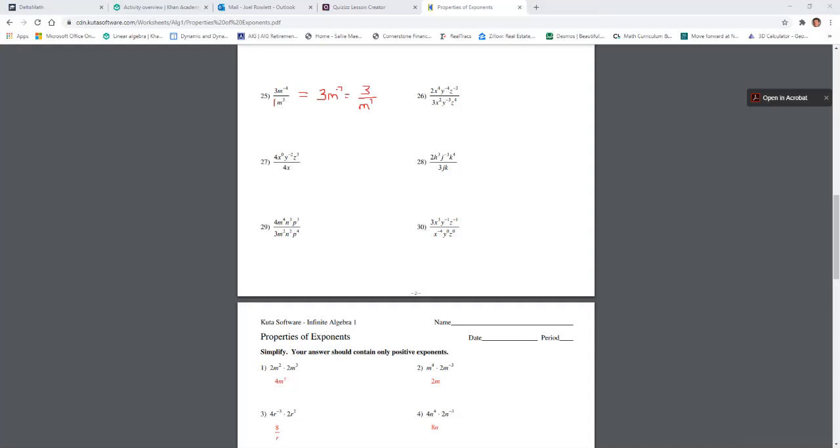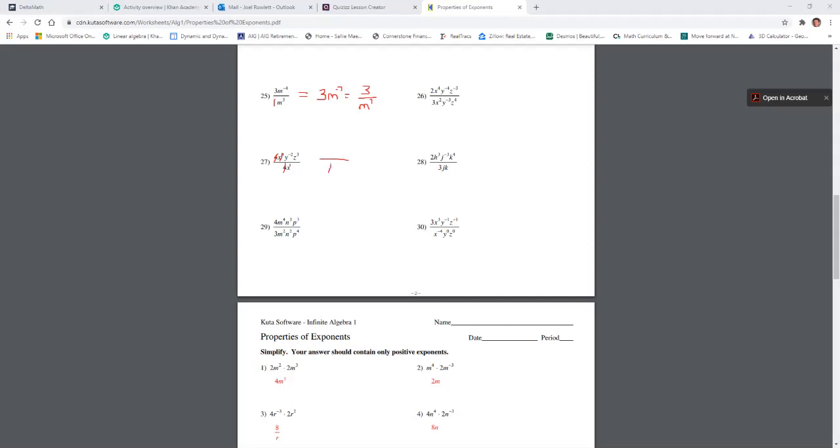Number 27. I know that x to the power of 0 is just 1. So that's just 1, and 4 times 1 is 4. And this 4 here will cancel this 4 out. And that just leaves me y to the power of -2 times z cubed divided by x. Well, x on the bottom already has a positive exponent.